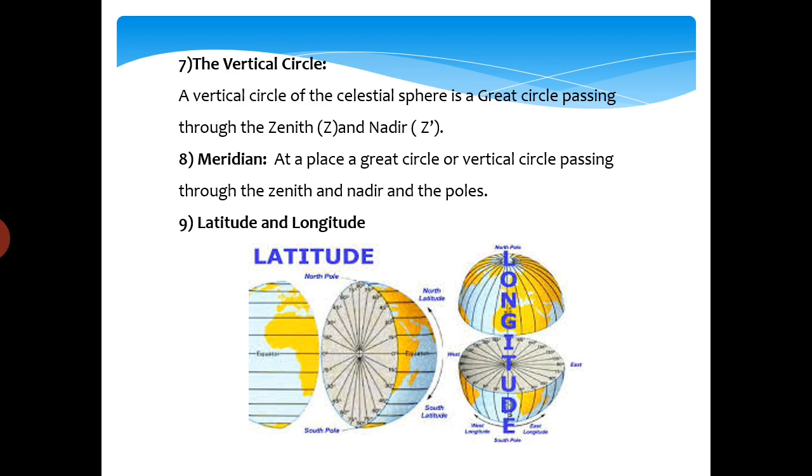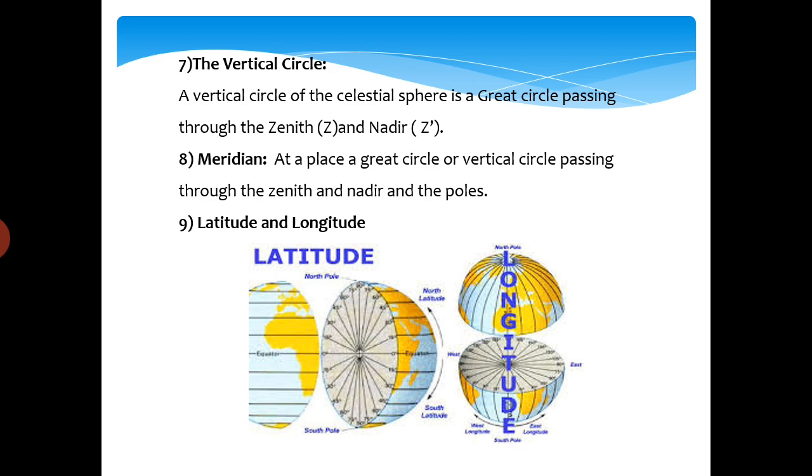A meridian is a vertical circle which is passing through the zenith and nadir as well as the north and south poles. Such a great circle is nothing but the meridian.